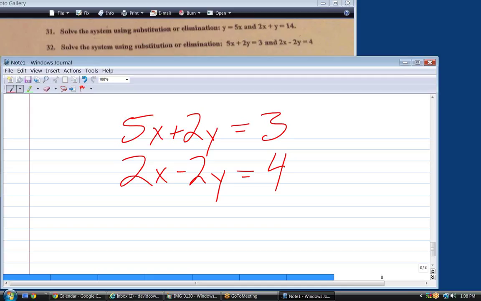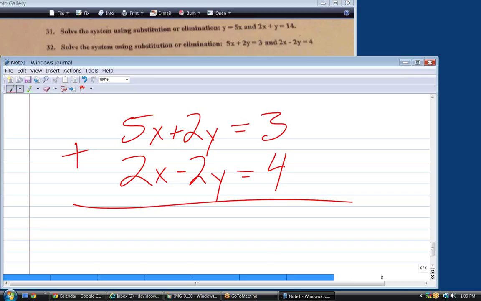In other words, it's not eliminated unless I'm adding the two equations. Remember, you can add or subtract equations. So I have to add these two equations in order to get the y variable to go away. It's not always adding. Sometimes you're subtracting.